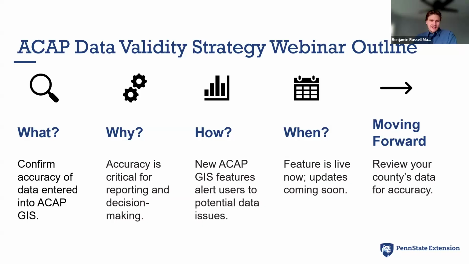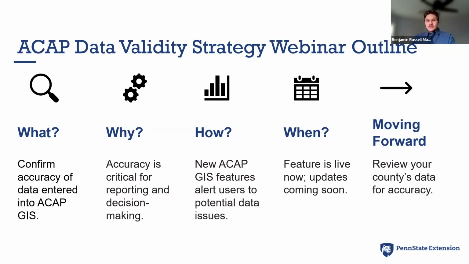So we're calling it the ACAP data validity strategy. You may hear data accuracy, but really what we're looking for is to ensure that the data that's entered into the ACAP GIS reporting tool is as accurate and up to date as possible.